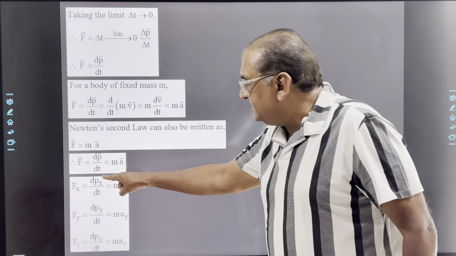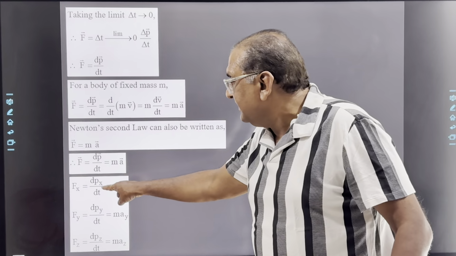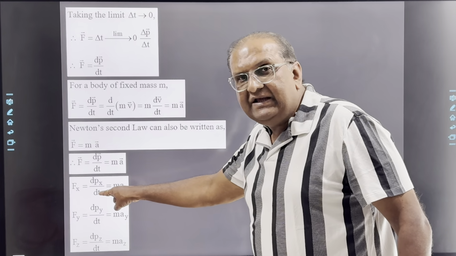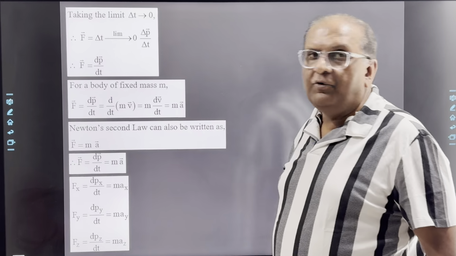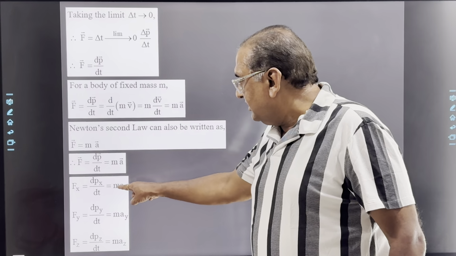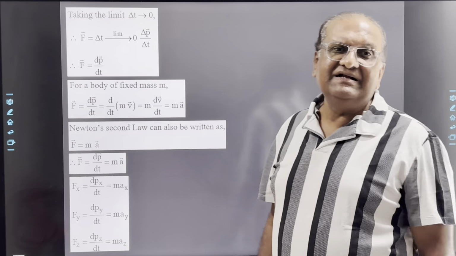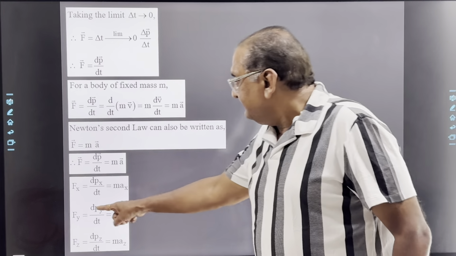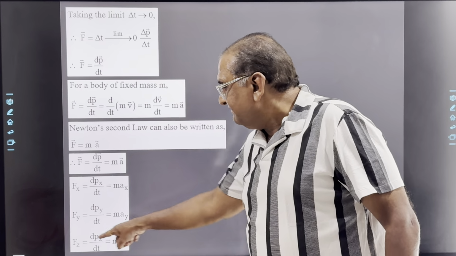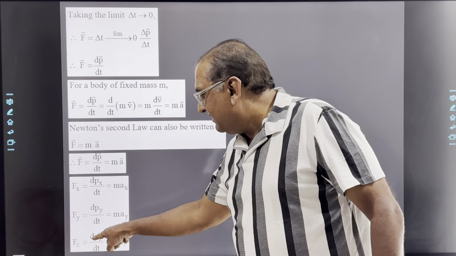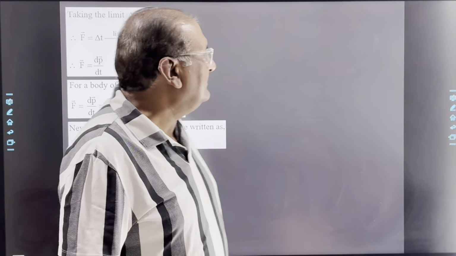It means the differentiation of the x component of linear momentum with respect to time t will give you the x component of the force, and that is equal to mass into the x component of acceleration. Similarly, Fy equal to dpy by dt, that is may. Similarly, we can write Fz equal to dpz by dt, that is equal to maz.